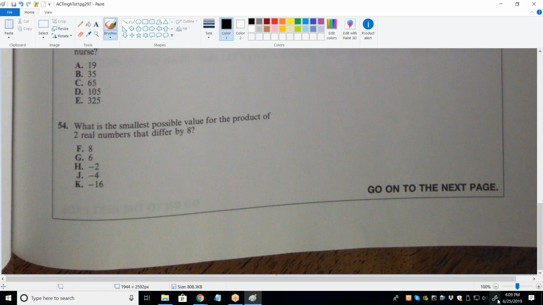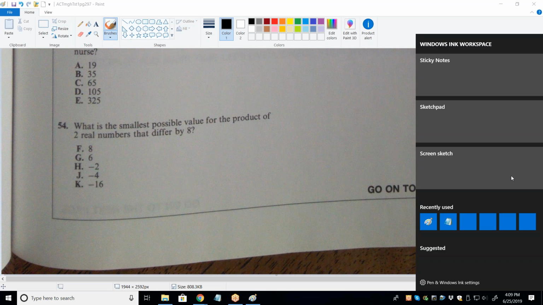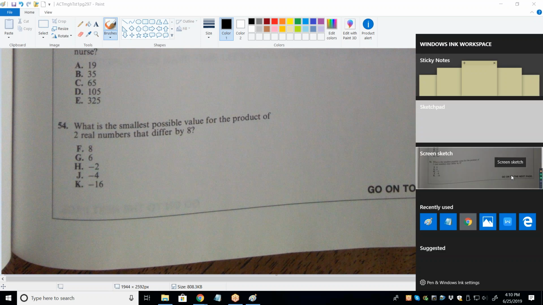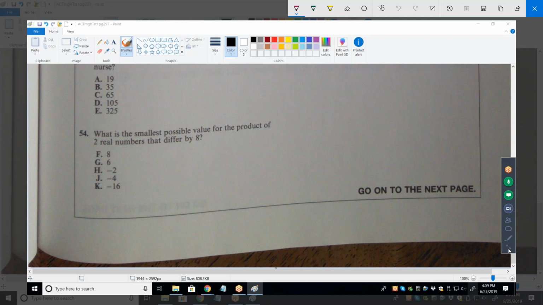Smallest possible value for the product of two real numbers that differ by 8. What's a good way to do this? Would it be to back solve and pick numbers? Where are you going to start?